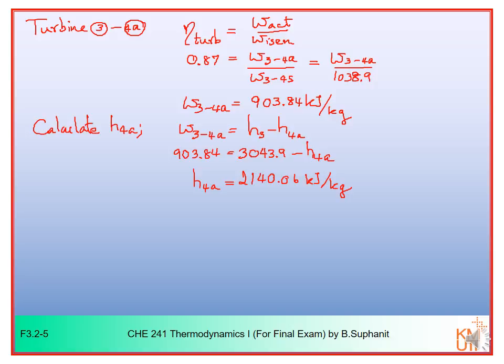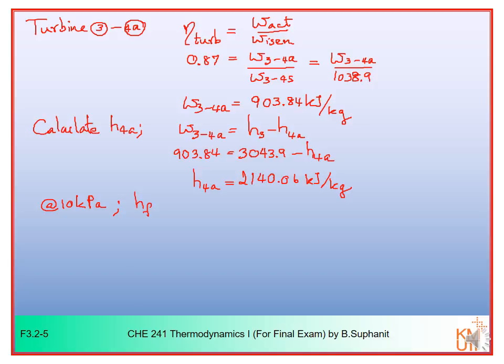Now we can check the condition at point 4A, whether it is still in the two-phase region or it is now in the vapor region. So we have to compare the enthalpy value at this point with the enthalpy value of the sat liquid and the sat vapor. At 4A, the pressure will be 10 kilopascals. At 10 kilopascals, you get the enthalpy of sat liquid and sat vapor from the steam table.